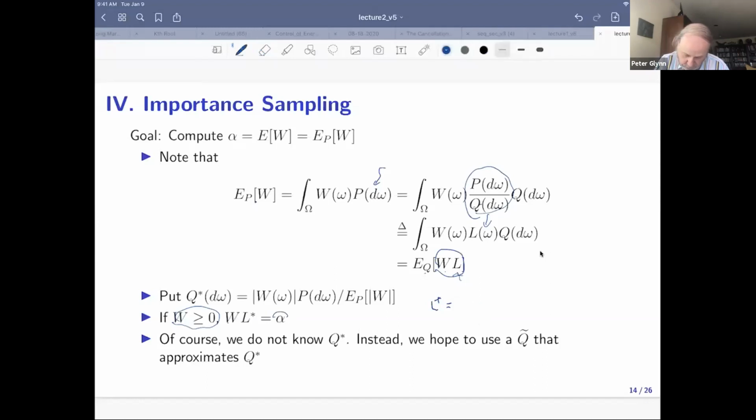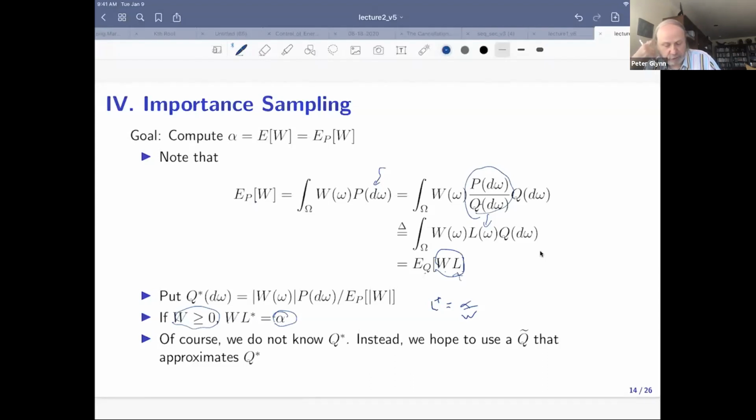It'd be the other way around, it should be alpha over W. And then if you take W times L star, we see that we just get alpha back again. That's a deterministic quantity, namely the expected value we're trying to compute. This is another situation where we get zero variance.